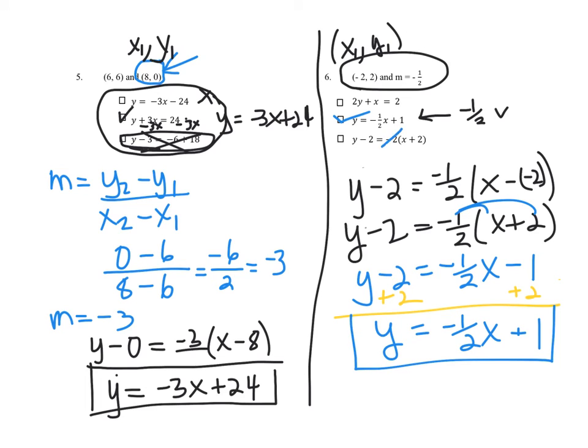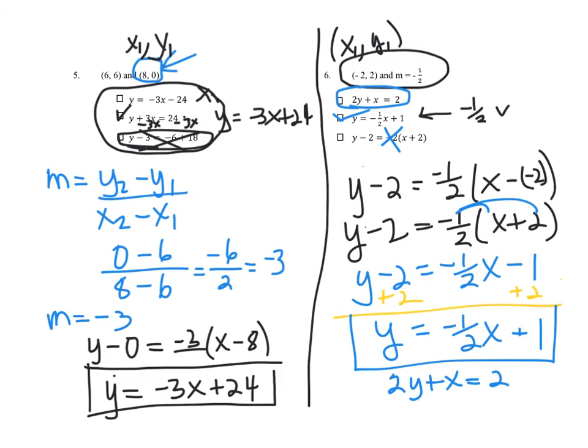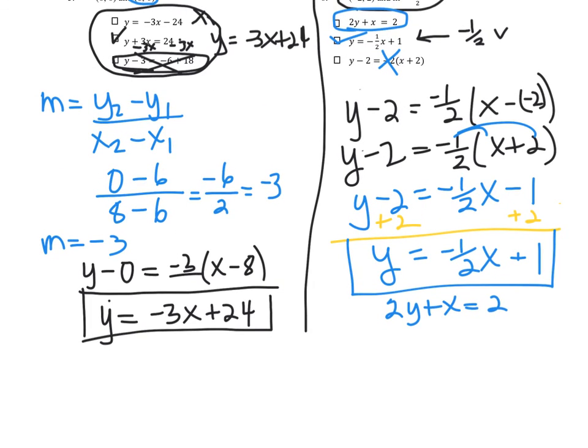This one has the wrong slope. And if I solve for y here, 2y plus x equals 2. If I solve for y, I'm going to subtract my x, and I'll end up with 2y equals negative x plus 2.